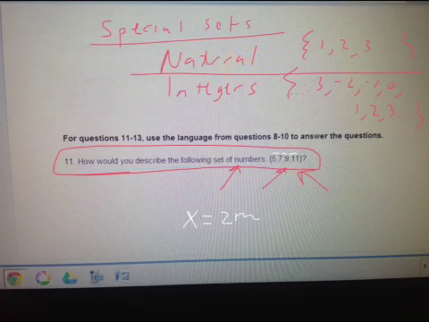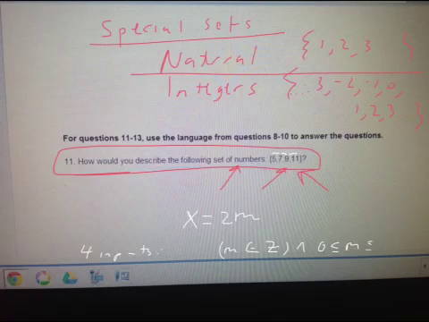Well, I need 4 inputs. So it might make sense to have m. We just need to have 4 m values in a row. So let's say that m is an integer. So m is contained in all integers. And it starts at 0. And it goes up to 3. So we're going to get m equals 0, 1, 2, 3.